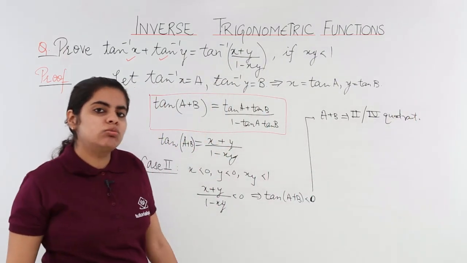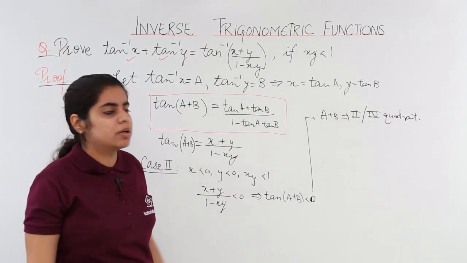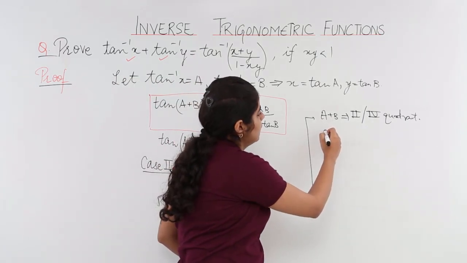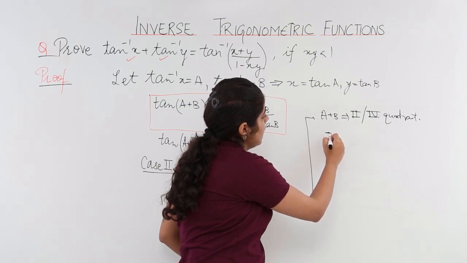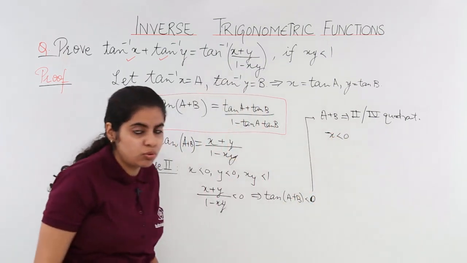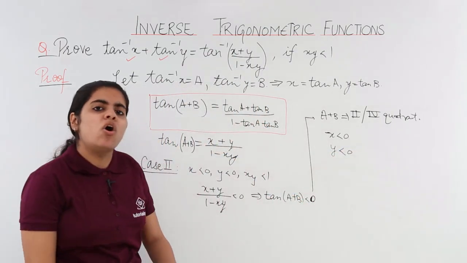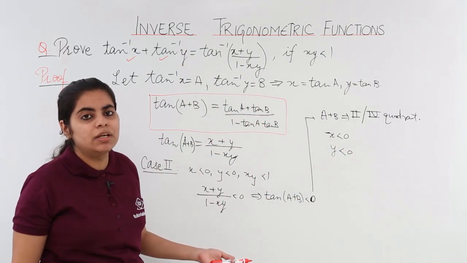Now, suppose I assume any one of these, I take the fourth quadrant. If the fourth quadrant is taken, I have x less than 0 for the fourth quadrant, and also y less than 0, or the second quadrant, any quadrant you can take.